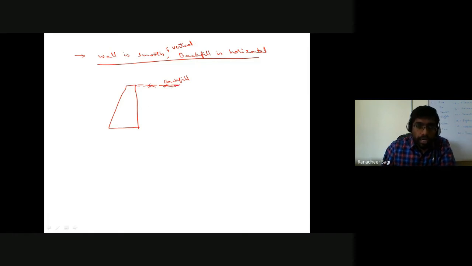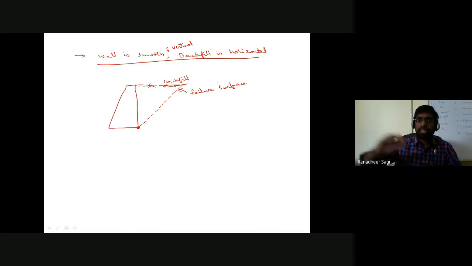And we said the failure surface gets developed with respect to the heel portion. So this is my failure surface, which is considered to be a planar surface, because the failure is represented in some particular direction. Such a failure surface is what we call a planar failure surface.